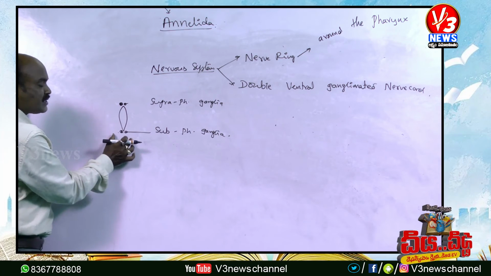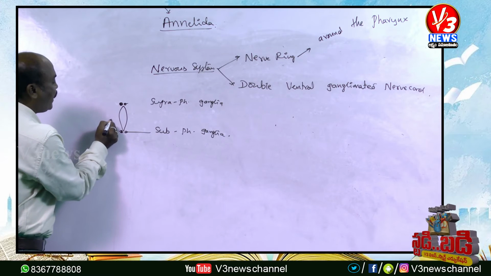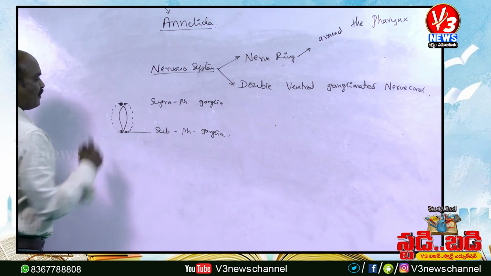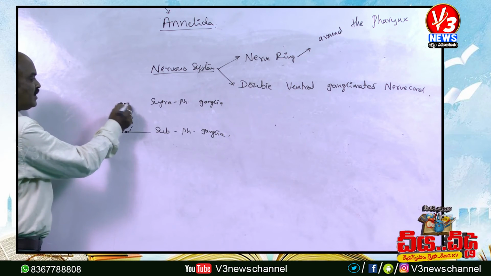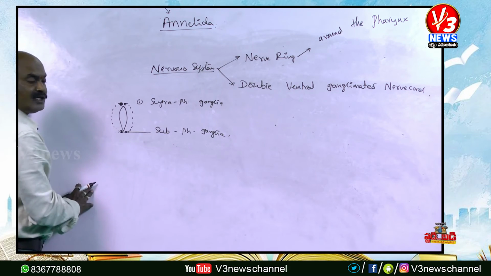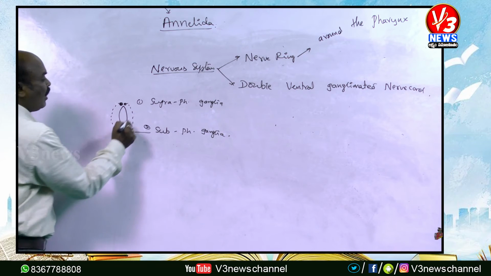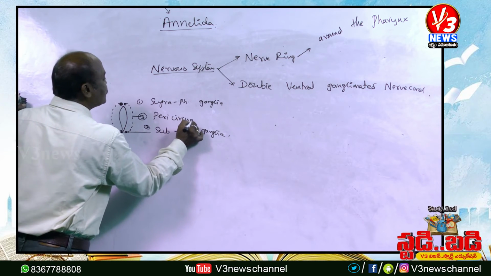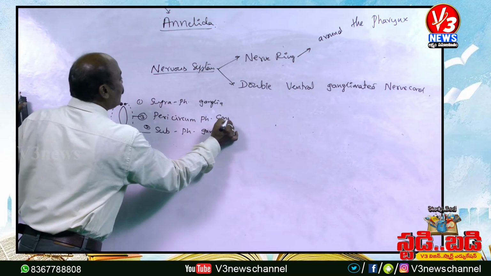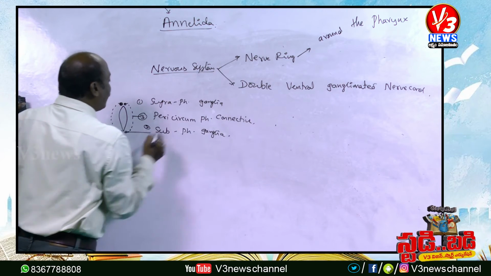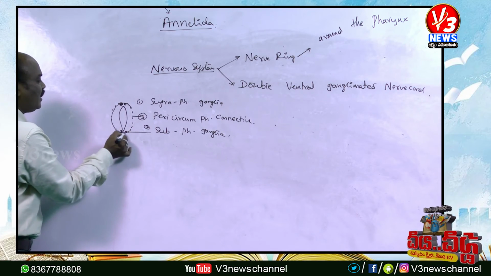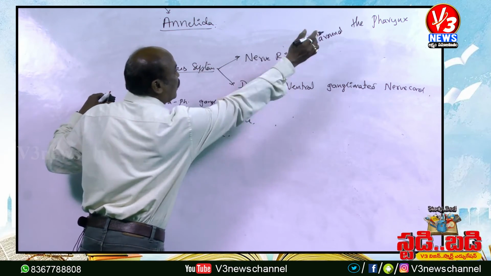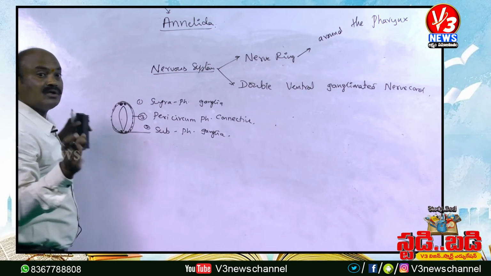From the subpharyngeal ganglia, a pair of nerves move towards the suprapharyngeal and combine with these. So one is suprapharyngeal, one is subpharyngeal, and the third one is the circumpharyngeal connectives. By the combination of these three, a ring is formed around the pharynx.